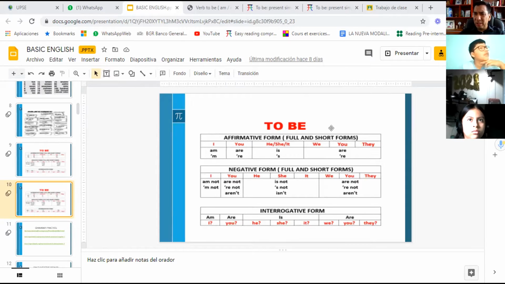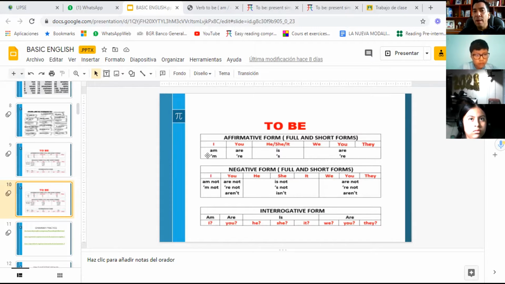Let's start with the personal pronouns: I, you, he, she, it, we, you, and they. Those are the personal pronouns. We learned this in school, right?